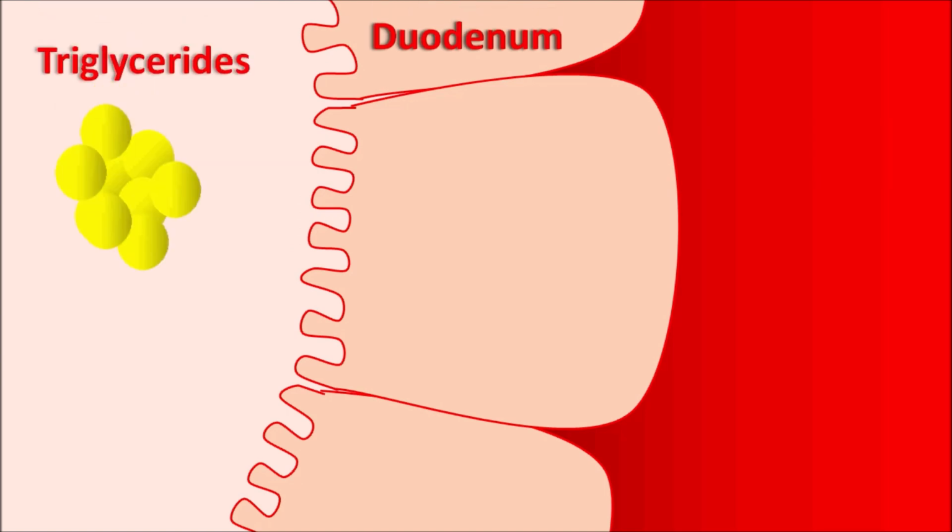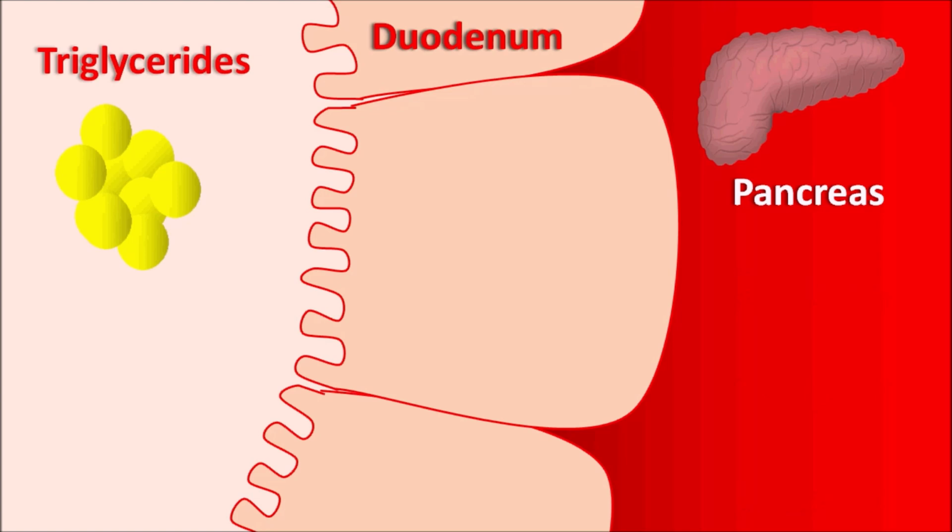Orlistat mainly acts on the absorption of lipids at the stomach as well as duodenum. So here triglycerides are going to be absorbed through the intestinal lumen. These triglycerides cannot be absorbed directly because of their large structure and they should be cleaved into small fragments. For that, they require some enzymatic activity. So pancreas is one of the source from which one of the enzyme is going to be released, that is the lipase.